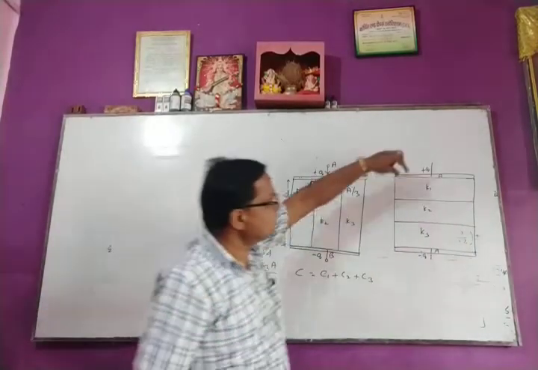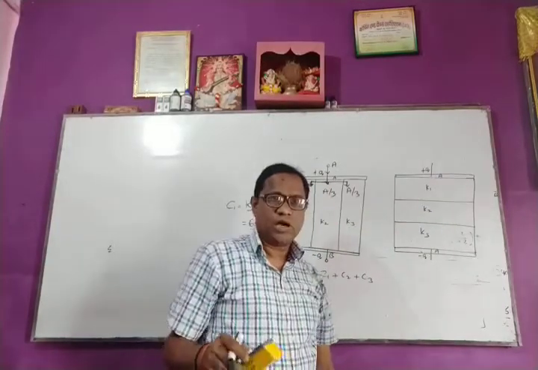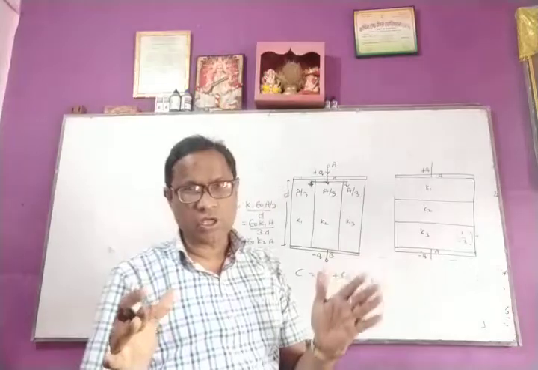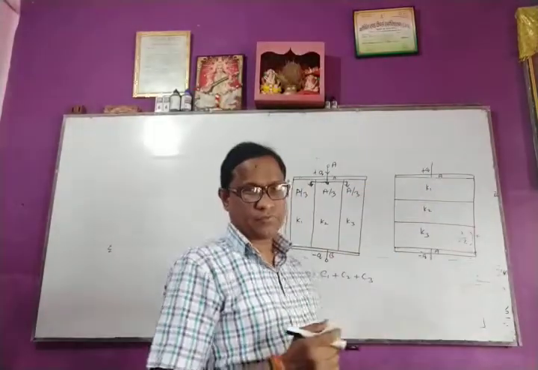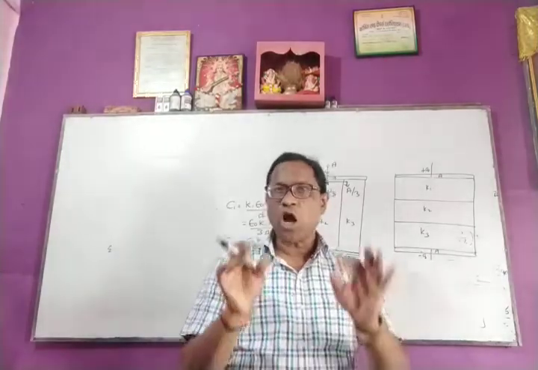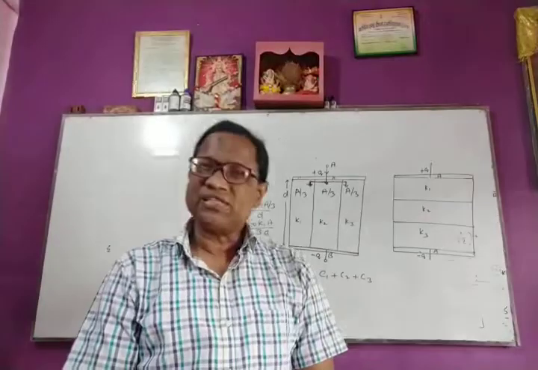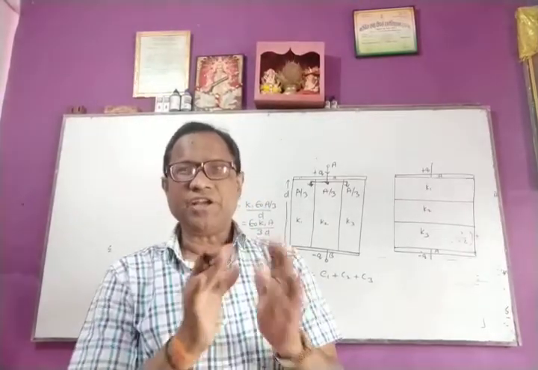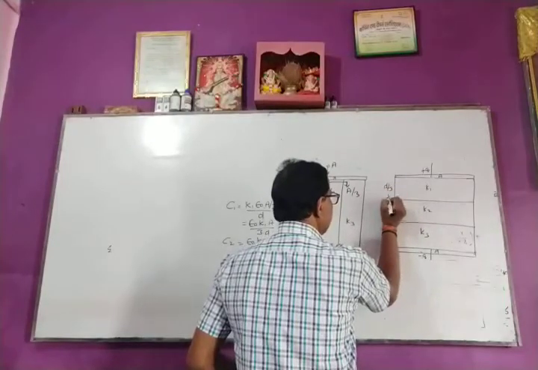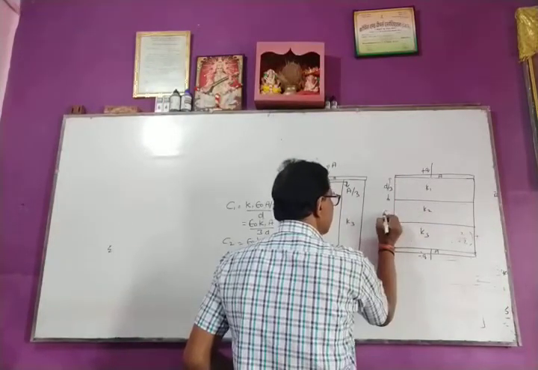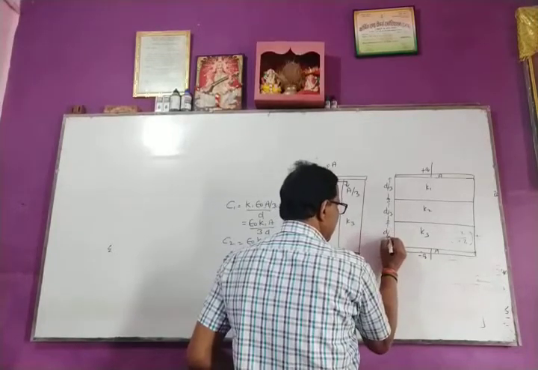In this case, same charge is flowing across all parts. If dielectric slabs are introduced between the plates of the capacitor in such fashion, then area of all plates and all dielectric slabs is the same but having different separations. So d by 3 and d by 3.